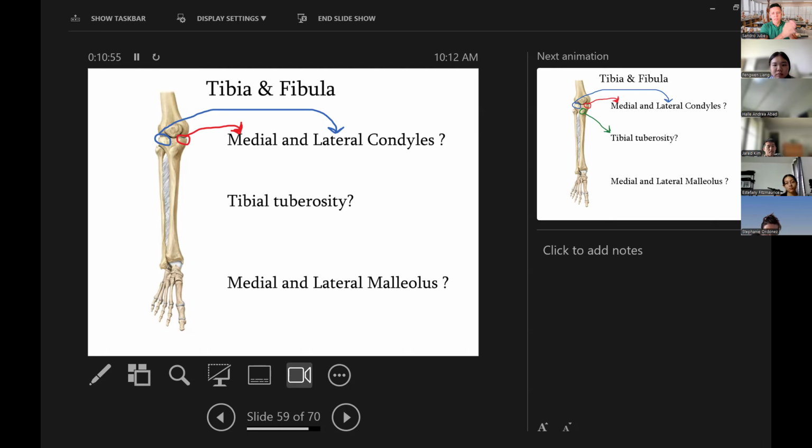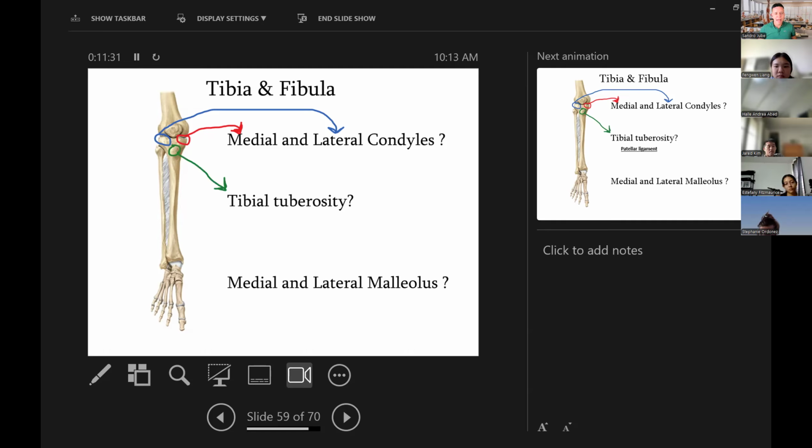Because we have a medial condyle of the femur and there is a medial condyle of the tibia. Just by saying medial condyle is not descriptive enough. Okay? So the same way we have a lateral condyle of the femur, we also have a lateral condyle of the tibia. And both the medial and the lateral condyle of the femur and the tibia, they are the point of articulation at the knee. They help to form the knee joints.